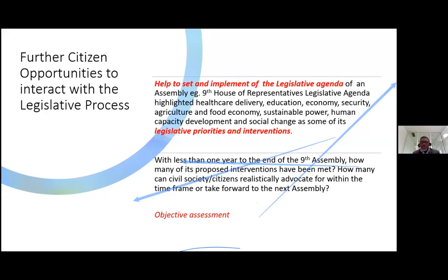By the time you start engaging with the National Assembly and you are not a part of the agenda, you will start contesting things you need not contest, and even on things you need to contest, you may not have the details, the facts, and the credibility to contest in civil society.